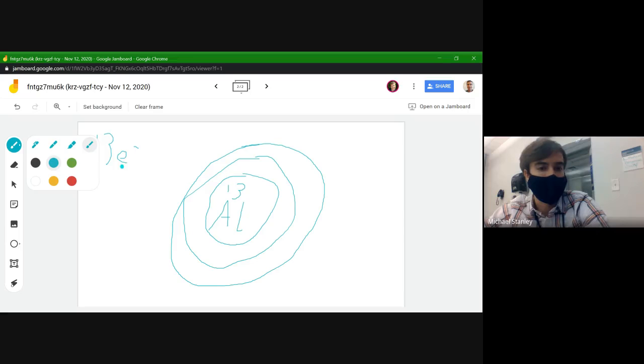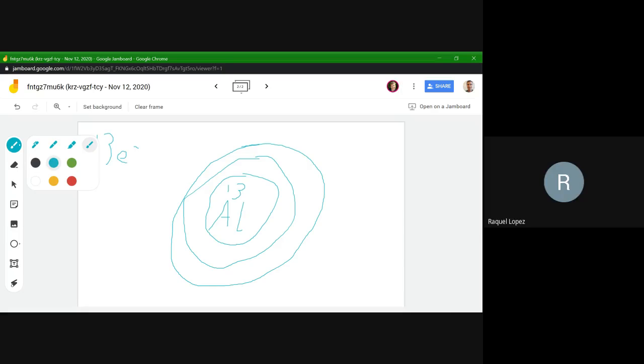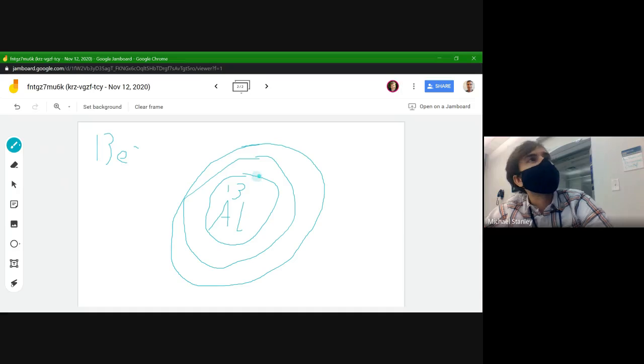So aluminum has 13 electrons. So let's see how many we can fit on each ring. So starting off with the first ring of aluminum, how many electrons can we fit on this first ring here? First shell. 2. 2, precisely.